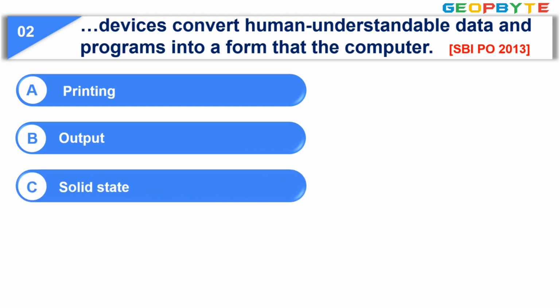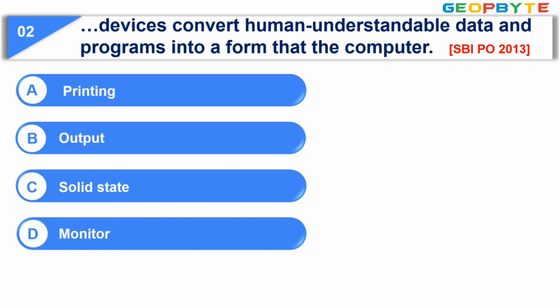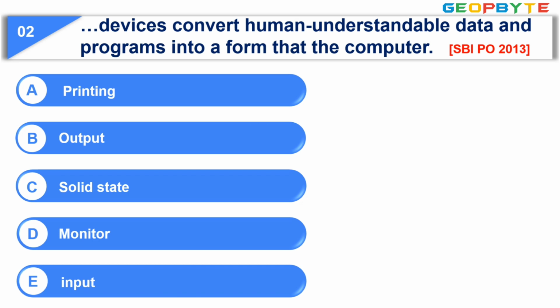Option C, solid state. Option D, monitor. Option E, input. And the correct answer is option E, input. Input devices convert human understandable data and programs into a form that the computer can understand.